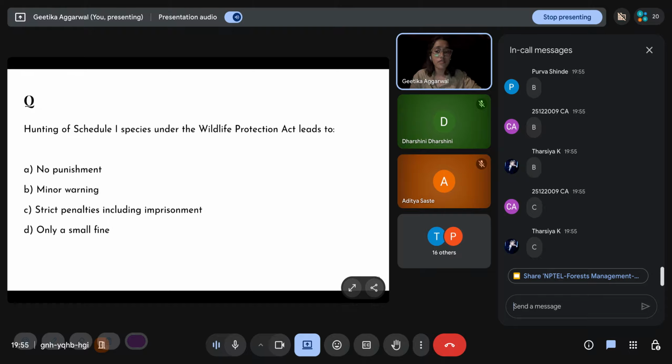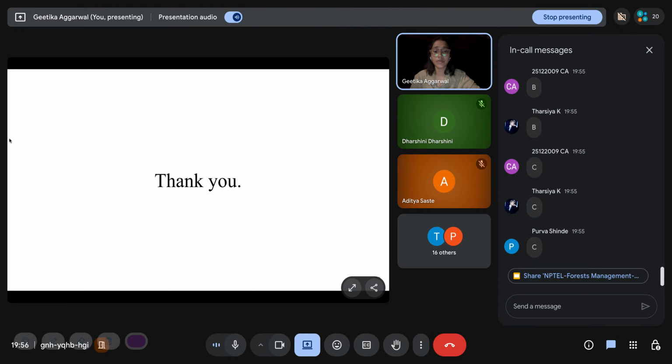Will you have penalties including imprisonment, or only a small fine? Others, what do you think? Yeah, very good. If you're hunting a Schedule 1 species, you can get strict penalties including imprisonment.